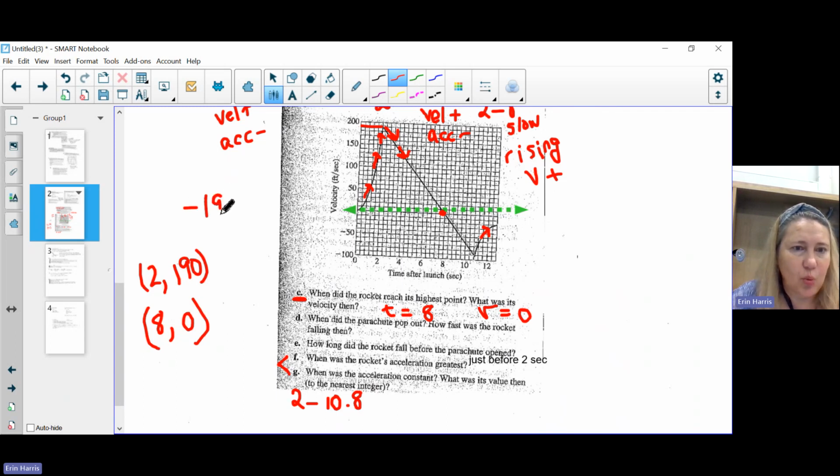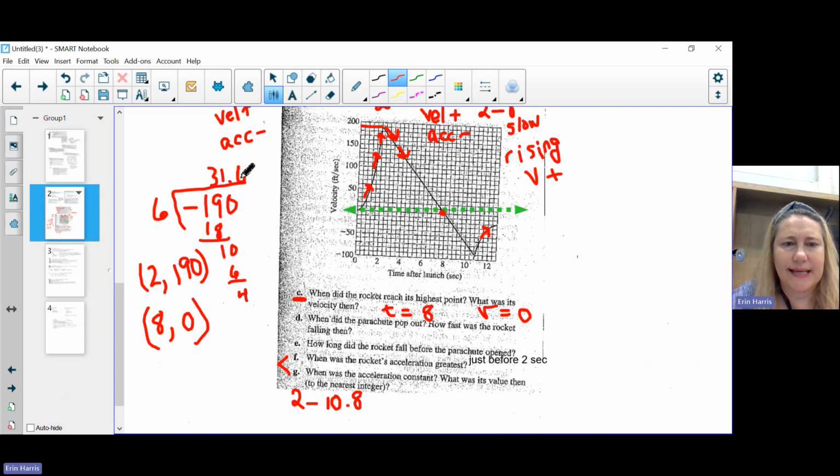That's change in y divided by change in x, so this would be a positive 6. I'm going to divide this by a positive 6, and notice that I get 30, and then 1, and then 4. So I get 31 and 4 over 6, which is 2/3, so 31.6 repeating.